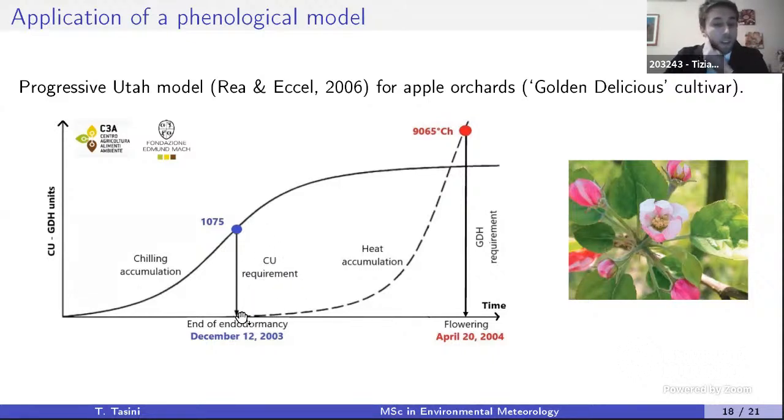Then along the dashed lines during winter and spring, the heat accumulation satisfied on April 20, 2004, satisfying the growing degree hour requirement. And these two values come from the calibrated data in the study by Rea and Etchell.